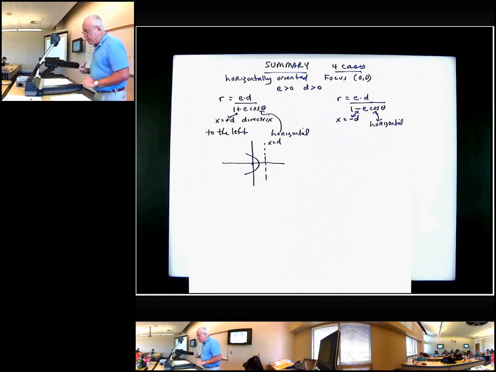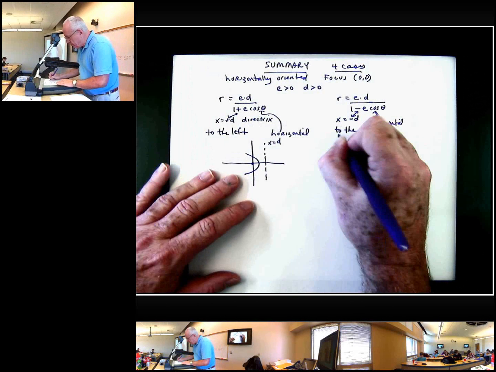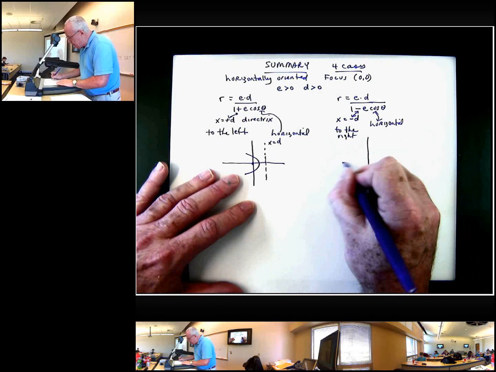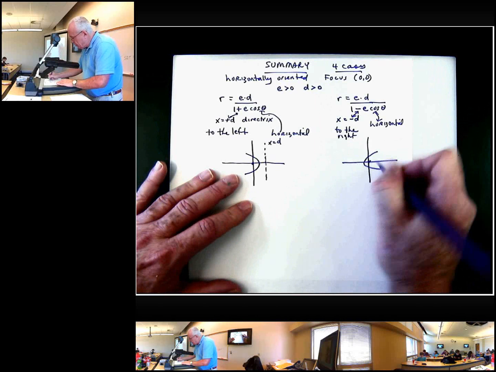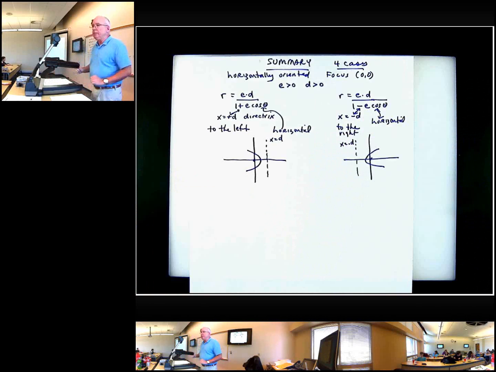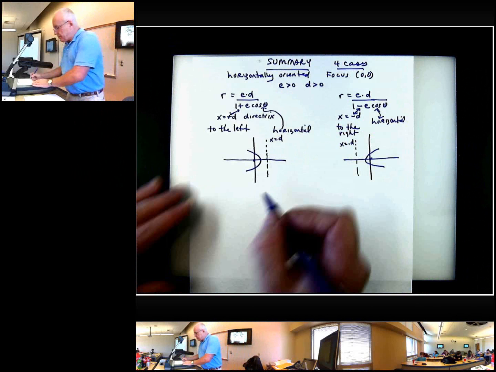And this is going to be to the right. So the drawing is, again, the focus right there. It's going to go to the right, and our directrix is over here to the left, x equals negative d. So those are those two cases.